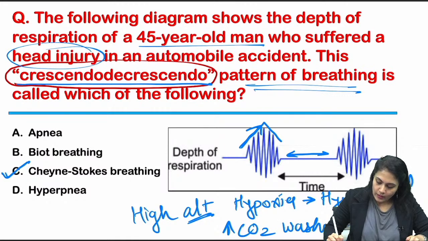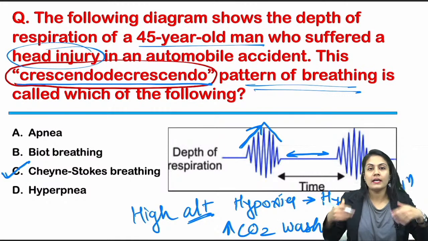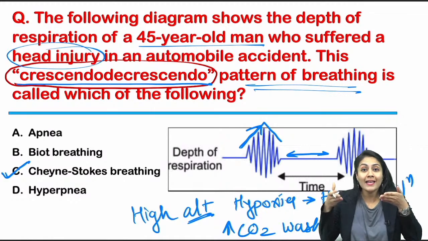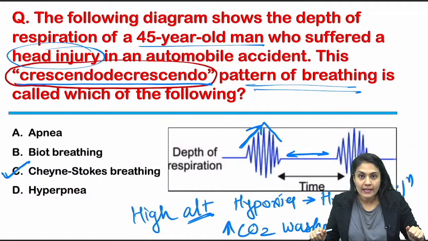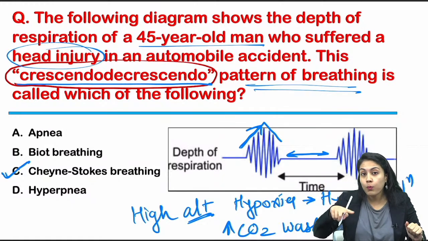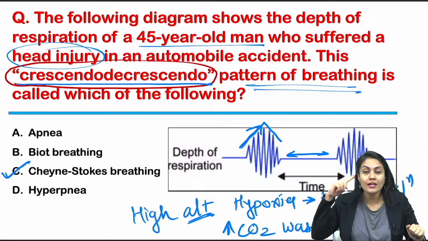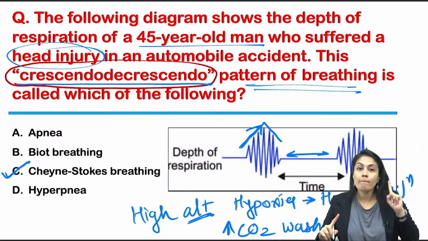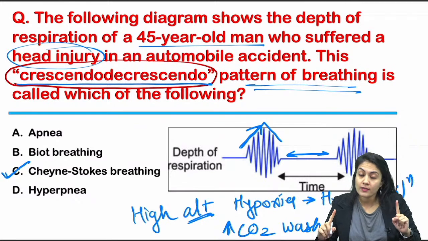isn't it? So if the carbon dioxide is washed out, what is the main stimulus for respiration? It is the carbon dioxide, right? Why? Because it stimulates both peripheral as well as central chemoreceptors, right? Again, one question: what is the main stimulus for respiration? It is the carbon dioxide in the normal person, right?